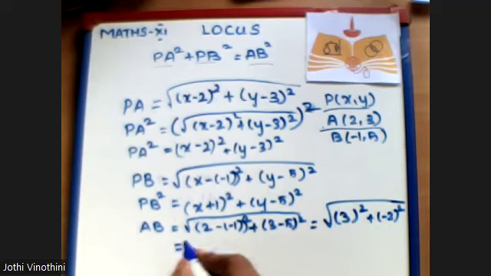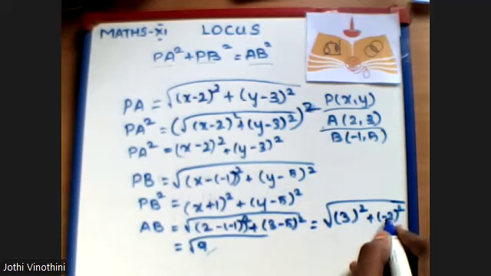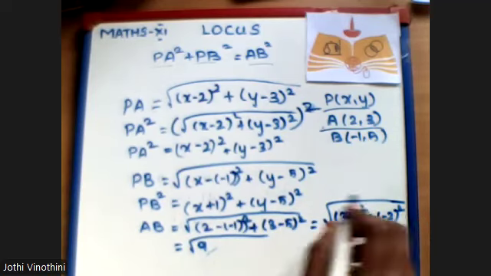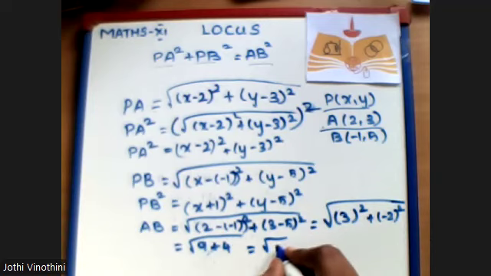Okay. Square root of 3 square will be 9, plus minus 2 the whole square will be plus 4, which is equal to square root of 13. Okay.